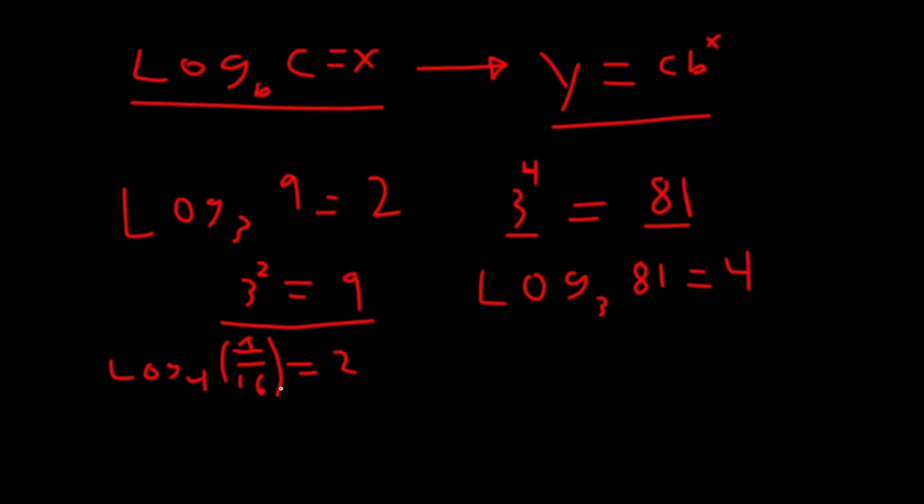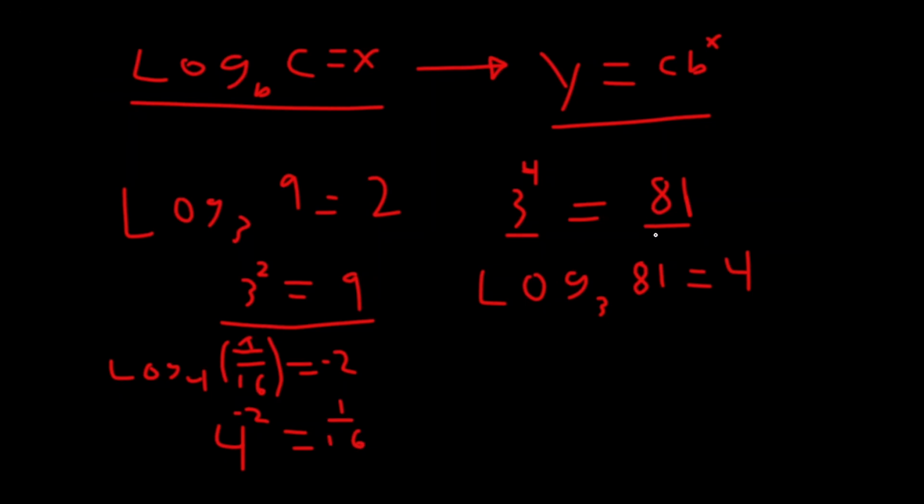Otherwise we're going to do it the same way. You bring this down. This goes above where the base was, and it's a negative 2. So 4 to the negative 2 is 1 over 16.